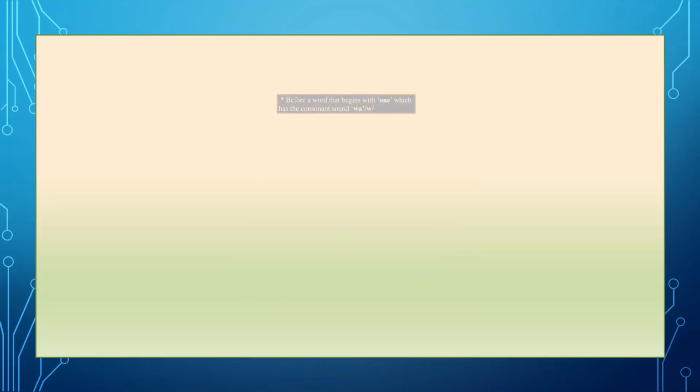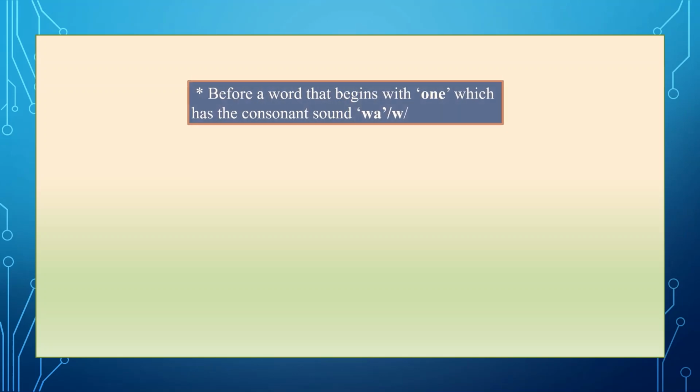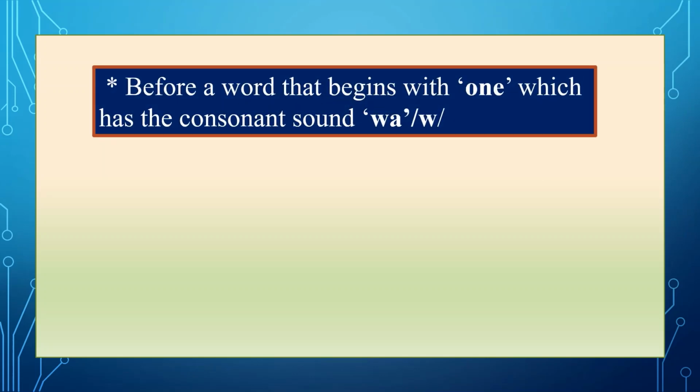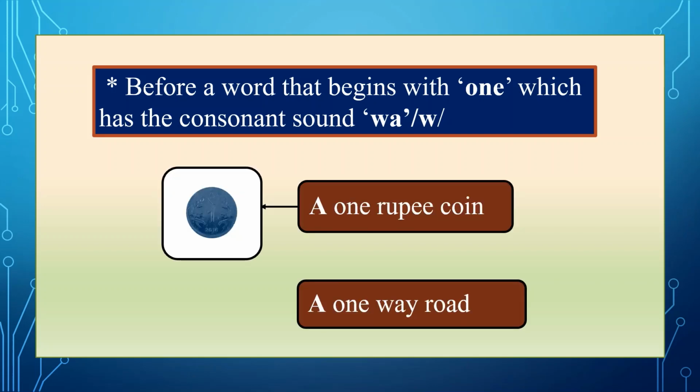We use a before a word that begins with one, which has the consonant sound wa or u. For example, a one rupee coin, a one-way road.